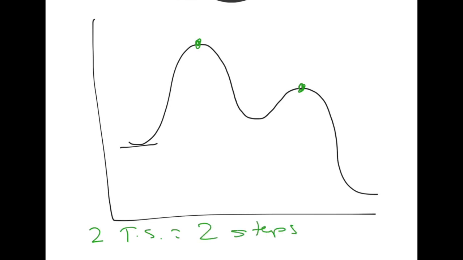Your activation energy is measured from your starting material or intermediate to the top, to the transition state. So for this first step, our activation energy is from the starting material to that transition state. Second step, same thing.